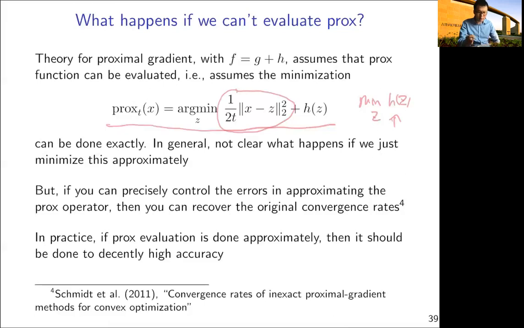A practical rule of thumb is that if you want an inner loop algorithm that runs proximal operators in every iteration, you had better make sure this inner loop is solved to a numerical accuracy significantly better than what you require in the outer loop. For instance, if you want epsilon suboptimality in the outer loop, the inner loop needs to be at least epsilon, often 10 times smaller or 100 times smaller than epsilon, in order for the algorithm to behave well.